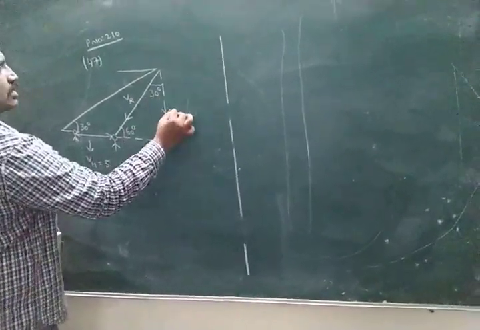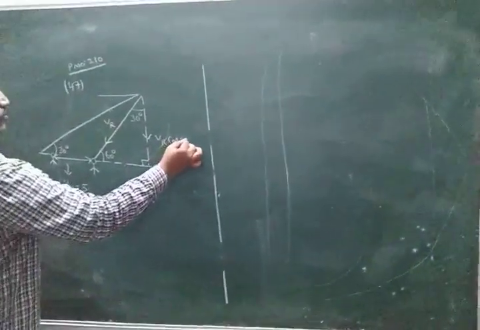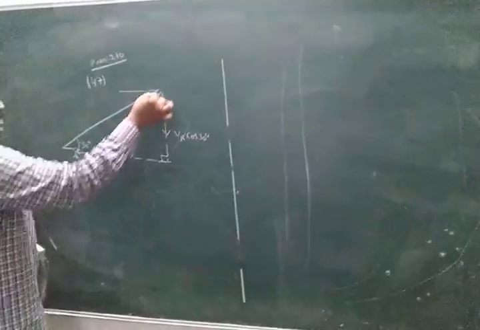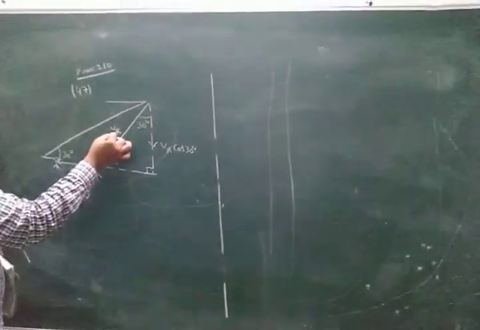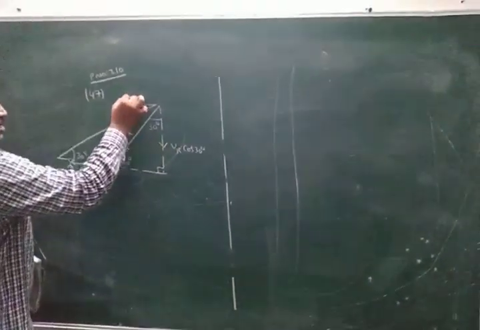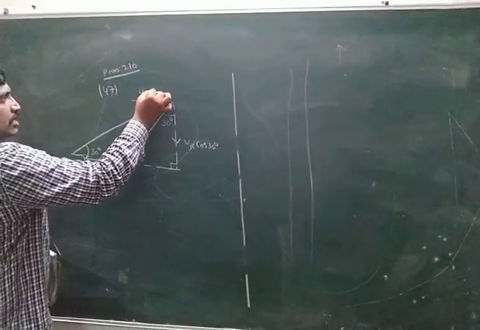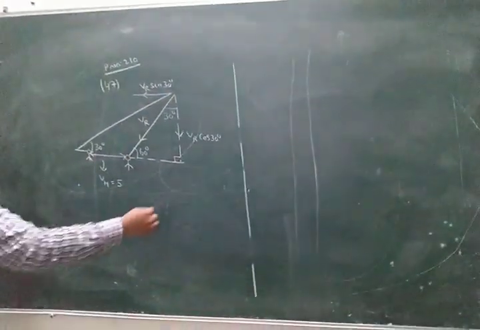VR makes an angle, so it is VR cos 30. Look here, VR is in the XY plane, so it is resolved into two components. The angle side gives cos, the remaining will be sin, VR sin 30. Same diagram, I label it.